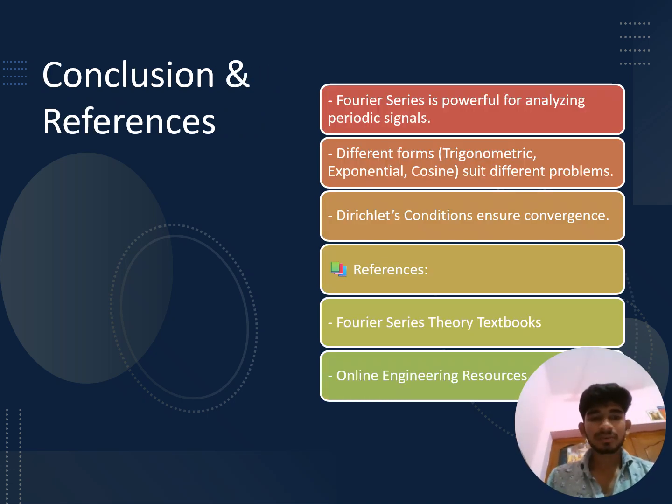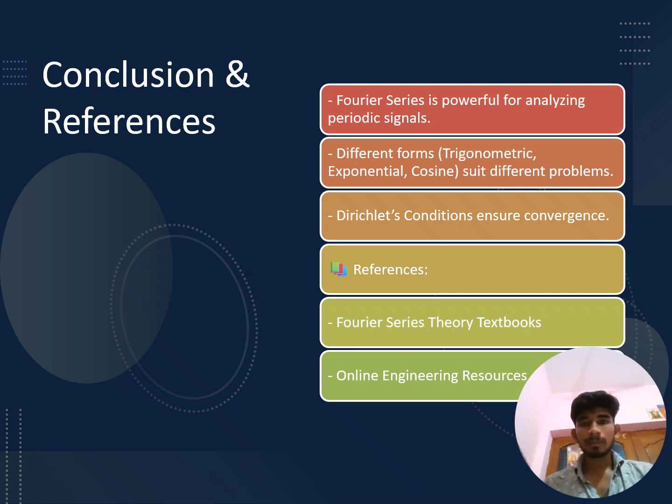At last, to conclude, the Fourier series is a powerful mathematical tool that allows us to decompose a periodic signal into simple harmonic components. It is a bridge between time domain and frequency domain analysis, forming the basis for the Fourier transform and many other techniques in modern engineering.